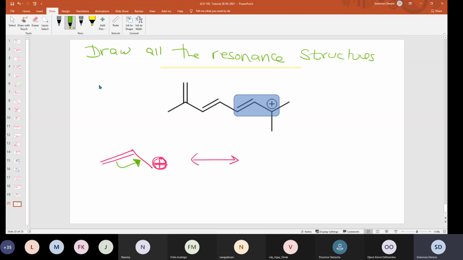So when that happens, we'll have a double bond in here, and it is this other carbon which is going to be positively charged.